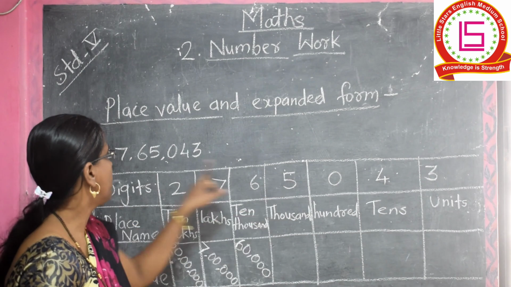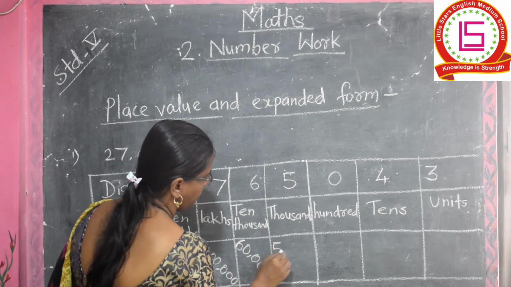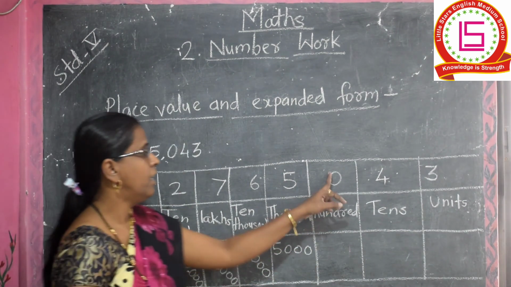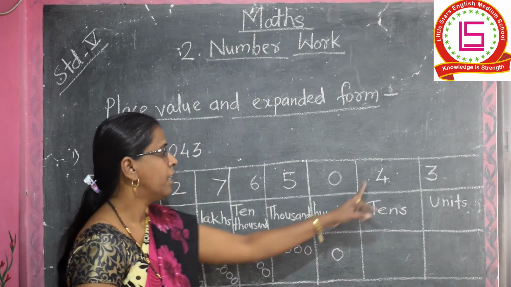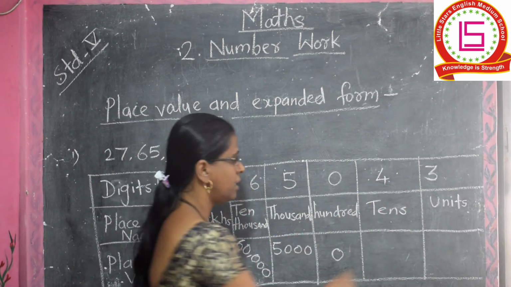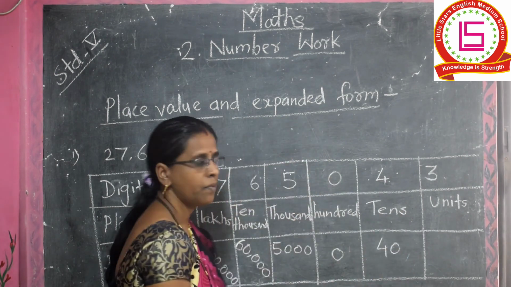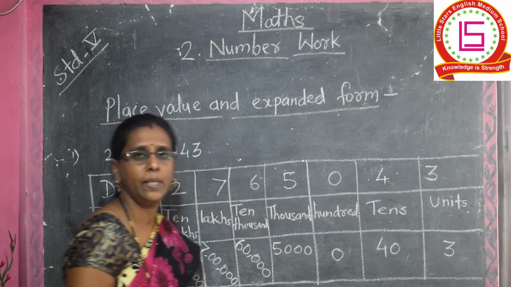Then see, place value of this 5 is 5,000. 0, 0 as it is. Then place value of this 4 is 4 tens means 40. And last 3 as it is because it's at unit place.